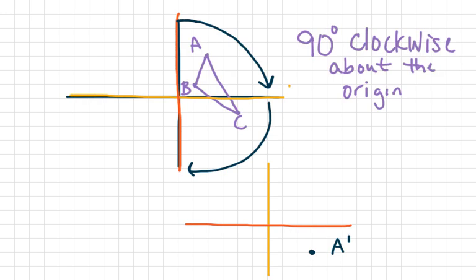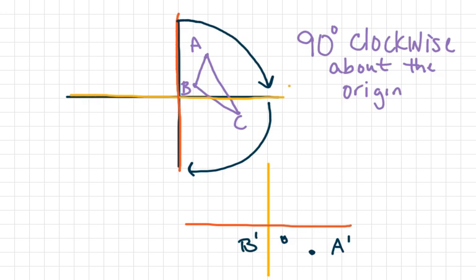If I look at where B is, I go 1 to the right and 1 up. So that means I'm going to go 1 down and 1 right. So B prime is at the point 1, negative 1. And C, we go right 4 and down 1.